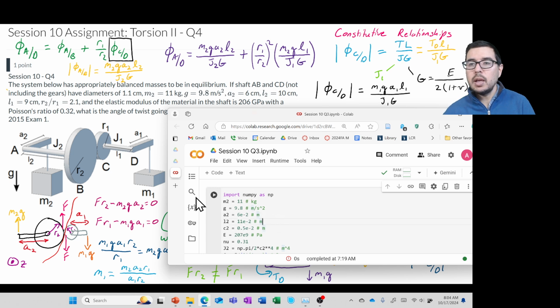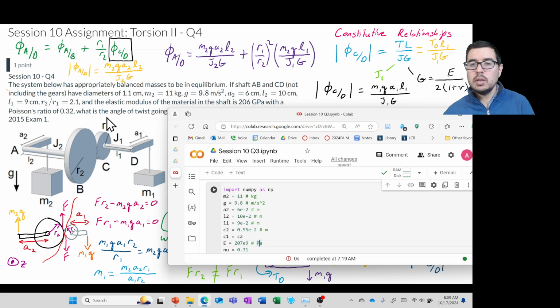A2 is going to be 6, we said that already. L2 is 10 centimeters. L1 is new. That's going to be 9 centimeters. And we have a C2, which is equal to 1.1, it's the diameter, so it's half, so it's going to be 0.55 centimeters. C1 will be equal to the same, so just equal to C2. The elastic modulus, has it changed?